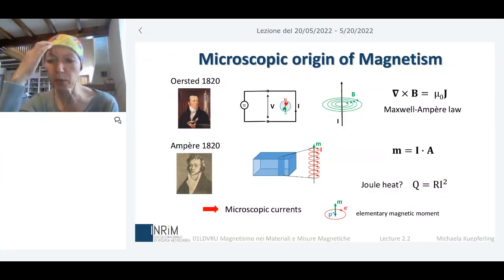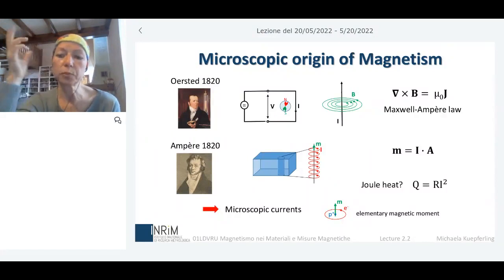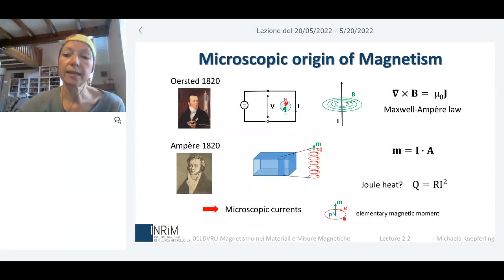So these microscopic currents could be, for example, an electron moving around a proton, which creates a magnetic moment. But of course, at the time of Ampère and Ørsted, neither the electron nor the proton were known yet. The electron was studied in the second half of the 19th century, so at the time nobody had an idea.